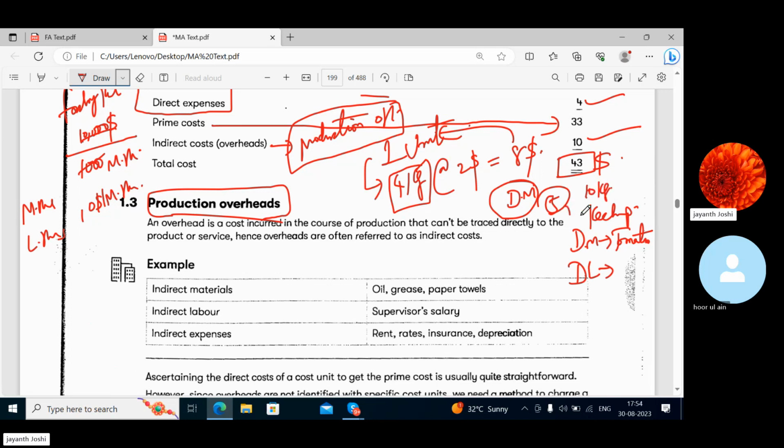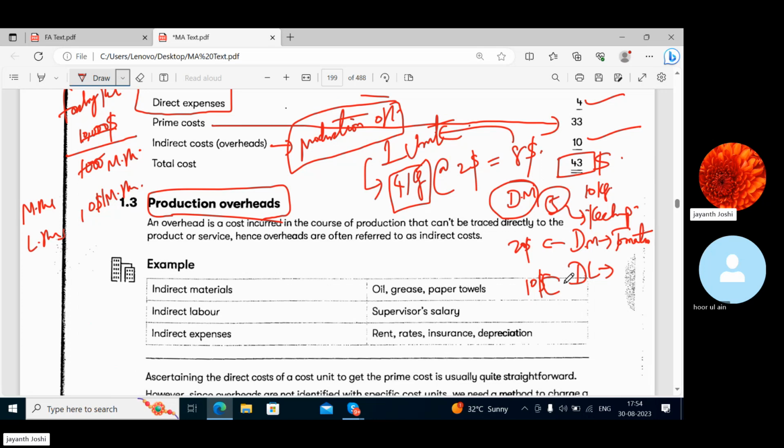So these two costs are direct costs which I am incurring for making that ketchup, right? Let's say tomato is $20 and labor is $10. I can tell that these are directly traceable costs with respect to that particular product called ketchup.